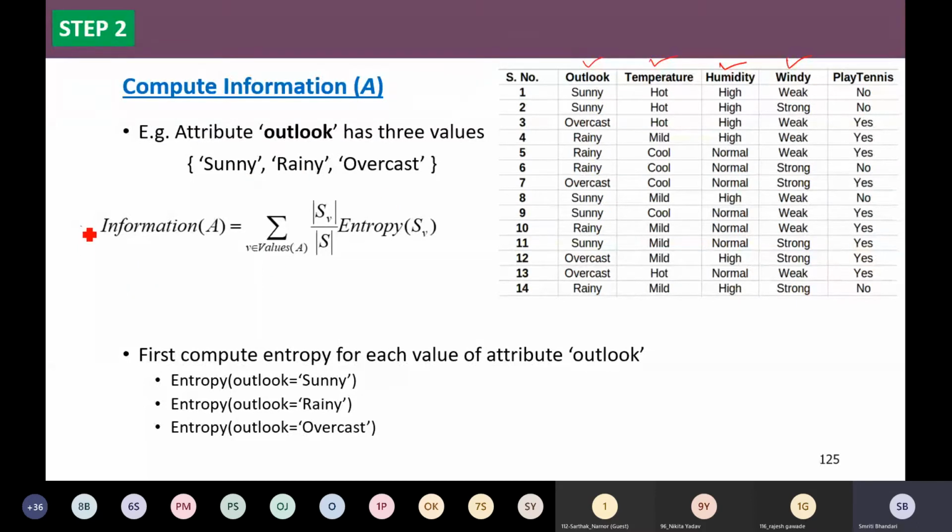Right? And we are having this formula with us to compute the information of attribute A. So we are now going to compute information for outlook.